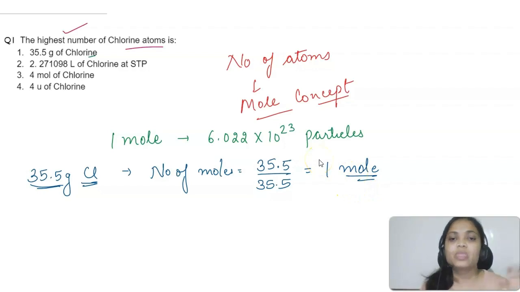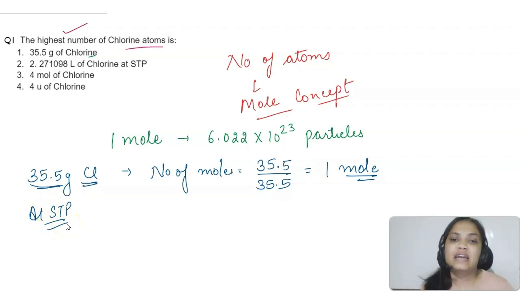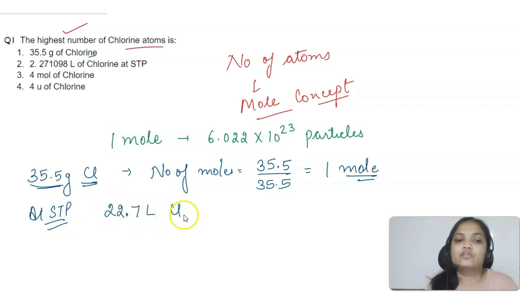Now the next option is 2.27 liters of chlorine at STP. So students, do you remember we have studied that at STP any gas occupies how much volume? 22.7 liters. So you can say that 22.7 liters of chlorine will be 1 mole, right?